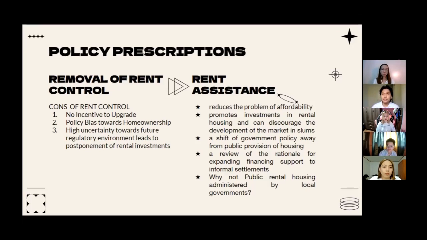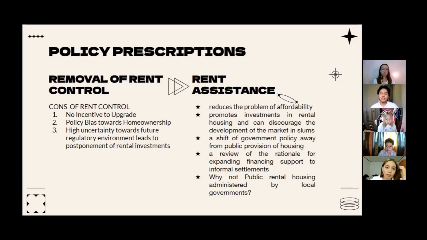Compared to rent control, rental assistance reduces the problem of affordability by providing marginalized households, or others who need housing support, a choice to live in a better environment rather than being locked in poor neighborhoods.